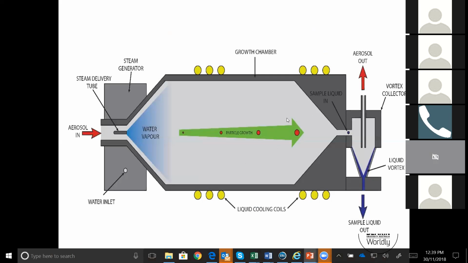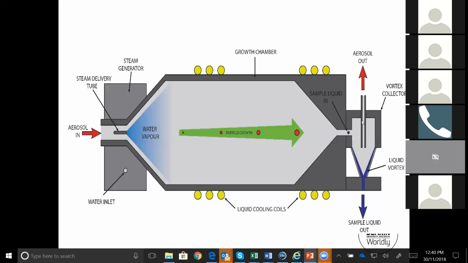When we use them in the PILQ, these grown particles are collected with a high efficiency into a continuously flowing solution of the ROS probe. So we have this vortex here, and we input the liquid continuously that is wetting the walls.